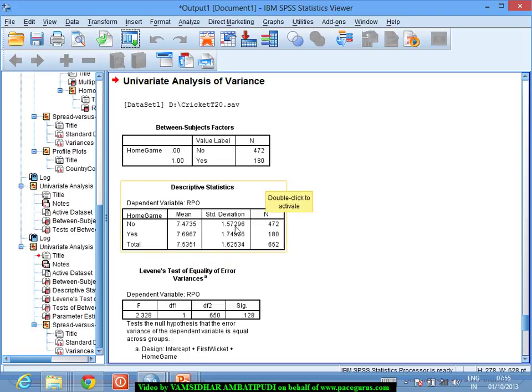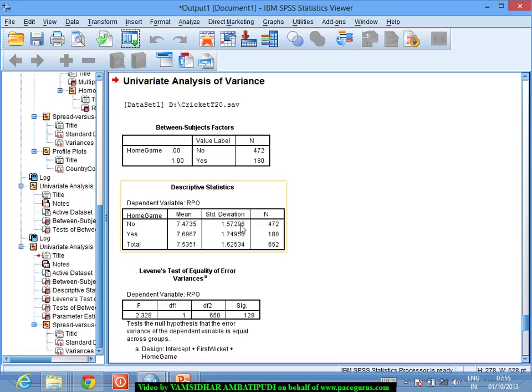And at the same time, the standard deviation also. In the home games, the standard deviation is slightly more compared to that of the away games, but we may have to check the Levene's test, which we have discussed earlier also.